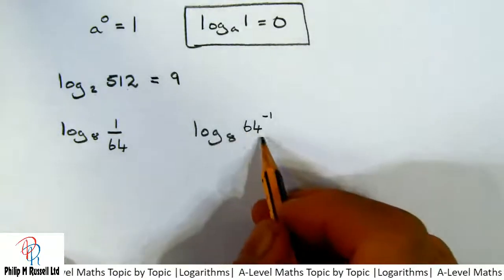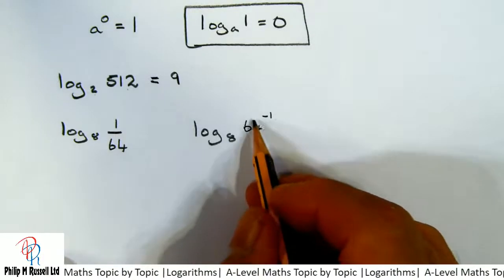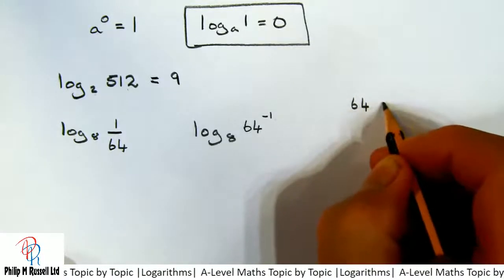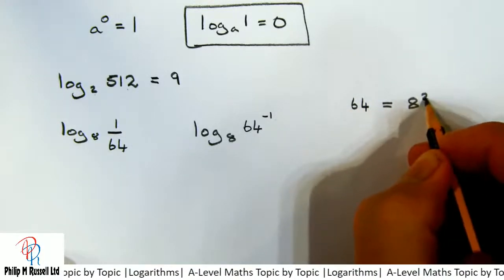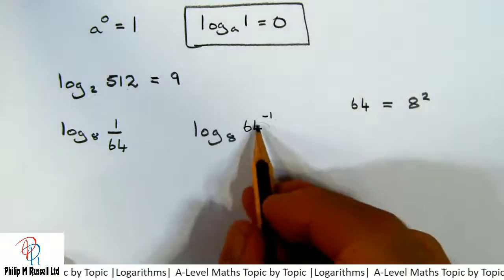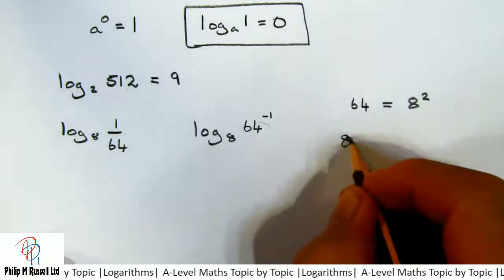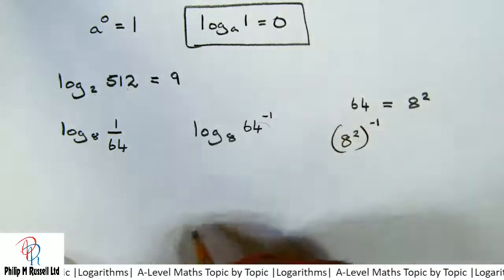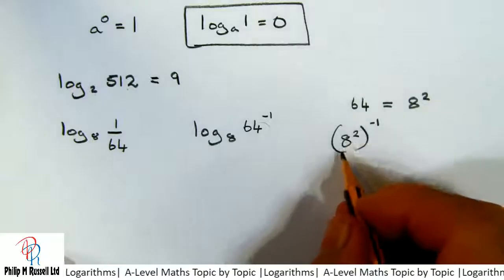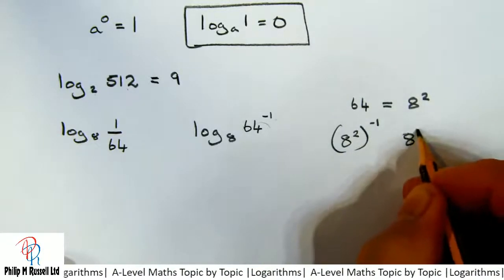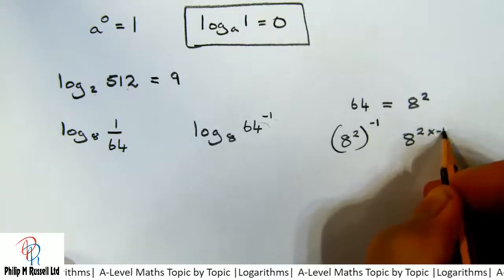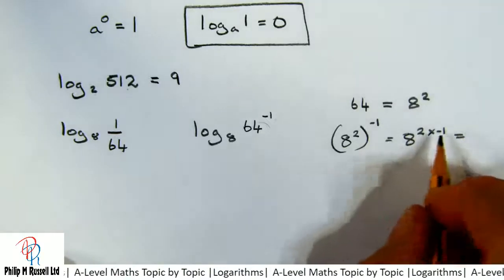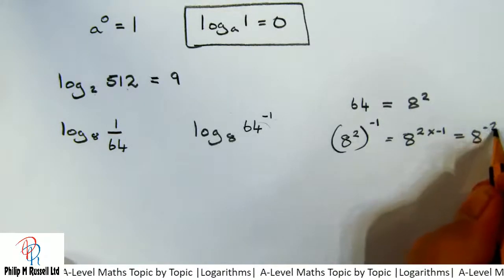Well, let's just worry about 64 for a minute. 64 I also know is 8 squared. So if I replace the 64 by 8 squared, to the minus 1, we know from indices that's the same as 8 squared times minus 1, and that gives me here 8 to the minus 2.